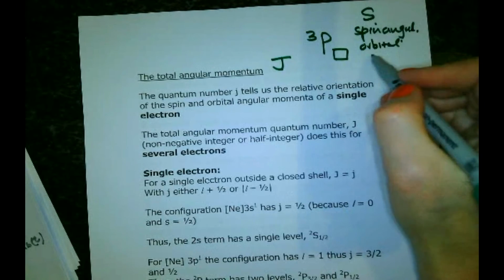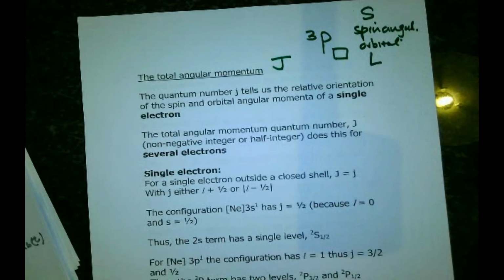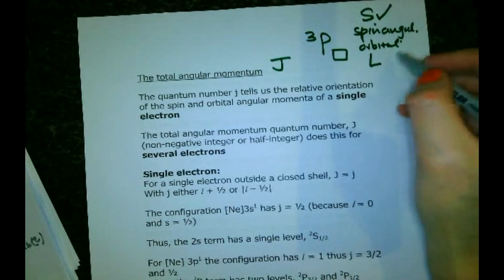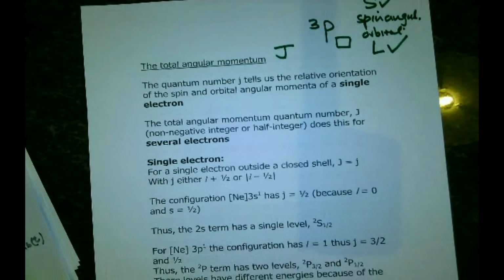So S and L gives you J. We have uppercase S, we have uppercase L, so now we can get J.